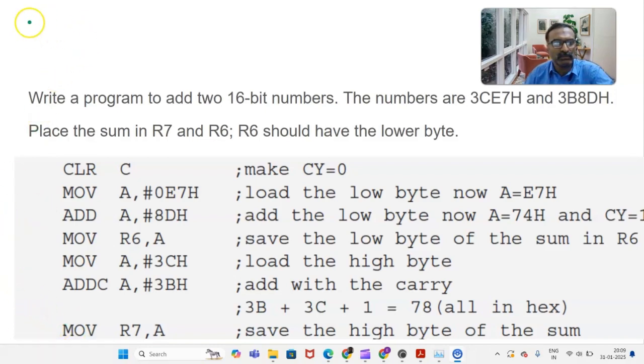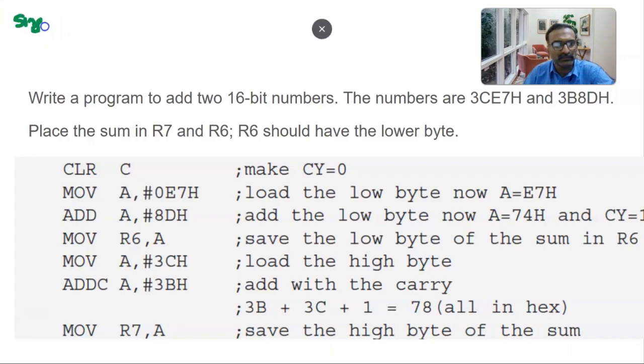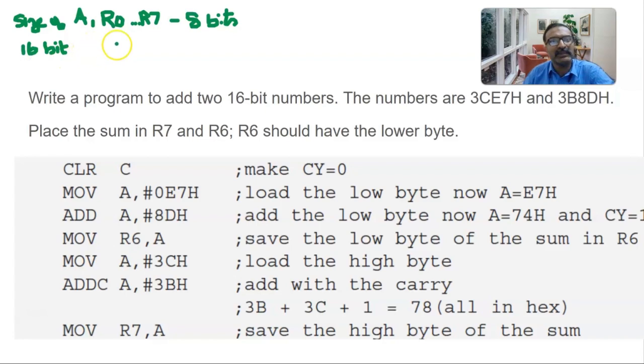You have to remember that the size of A as well as the size of R0 up to R7 is just 8 bits. So if you want to add two 16-bit numbers, you can add only 8 bits at a time.